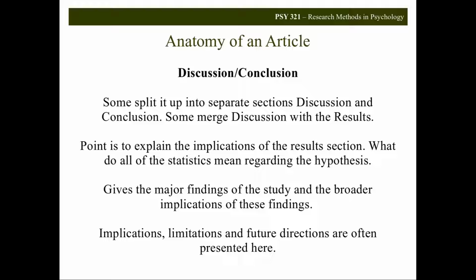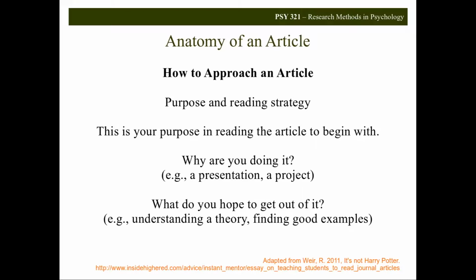Now we kind of whizzed through that a bit, and there's more information available in the book on this, and you'll get a feel for what's going on. But now let's talk about some of the ways you can approach these articles to get the most out of them. You need to know why you're doing it. Why am I reading scientific literature to begin with? Is this for a project? Is this for a paper that I'm writing, a presentation I'm giving, to learn more?